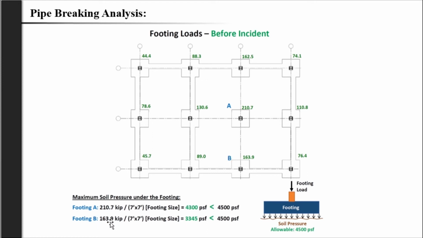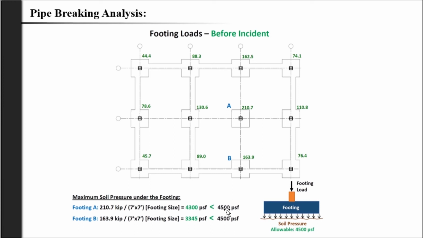If we divide these values by the dimension of the footing, which are the same for all individual footings, we get 4,300 pounds per square foot under column A and 3,345 pounds per square foot under column B, as the pressure on the soil, both less than 4,500 pounds per square foot, which is the allowable pressure on this specific soil according to the geotechnical report for this location.